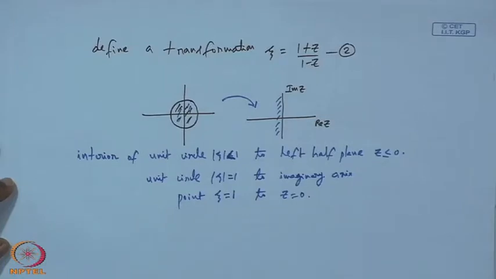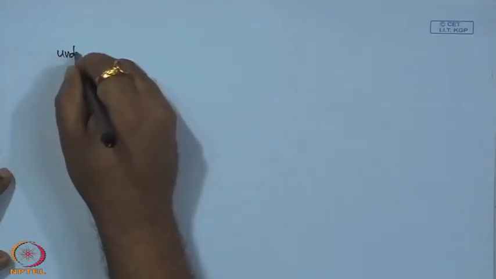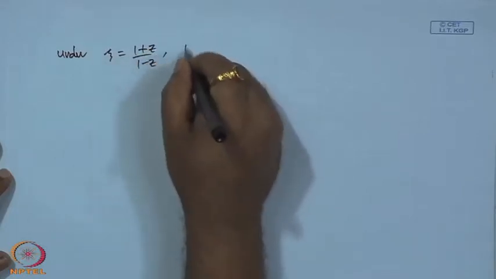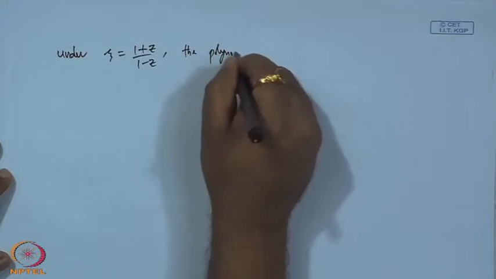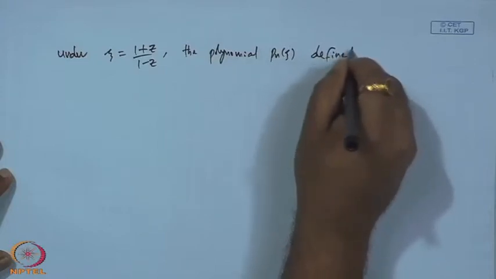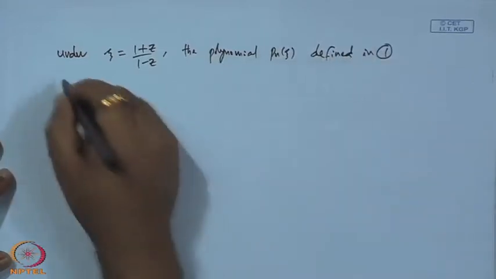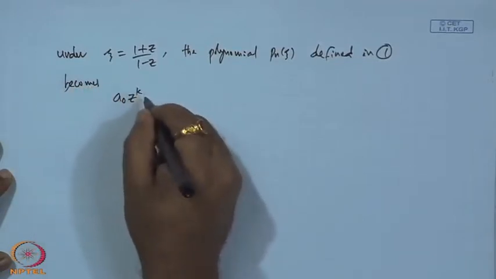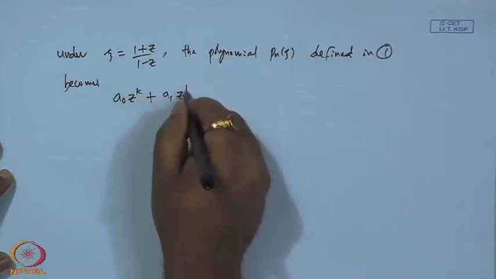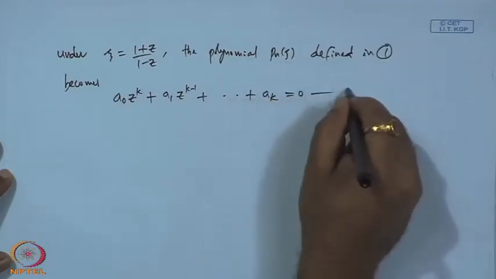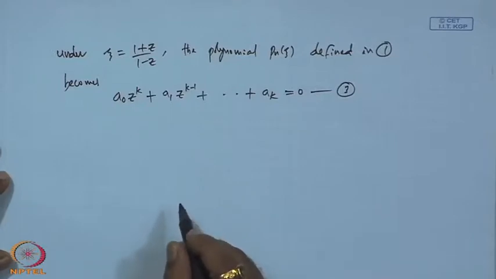Okay. So, now under this transformation, the polynomial p n zeta defined in 1 becomes this.